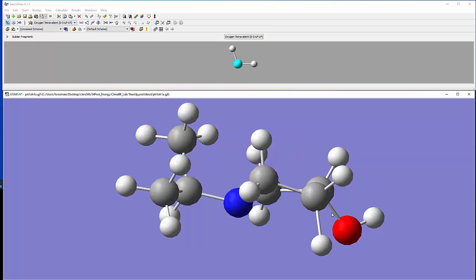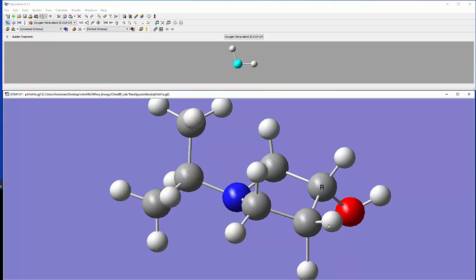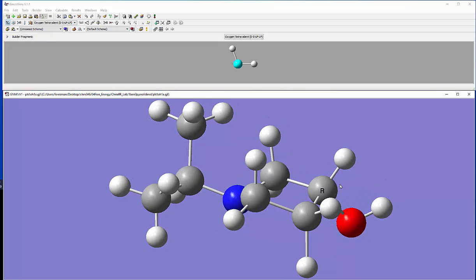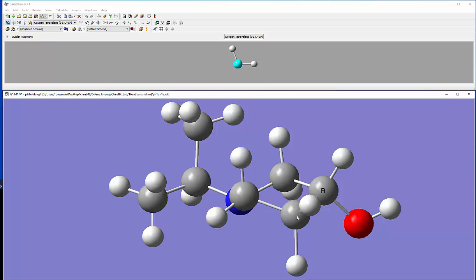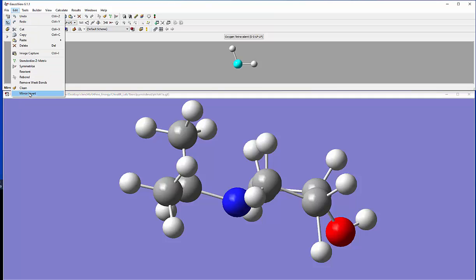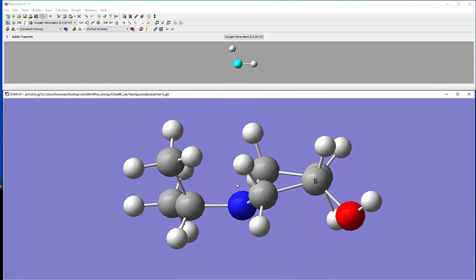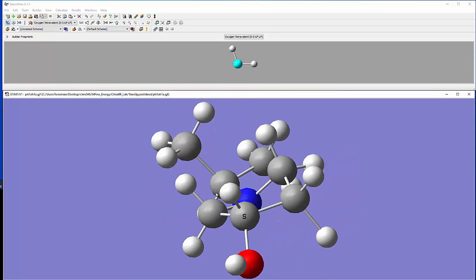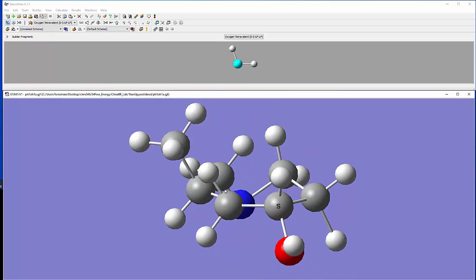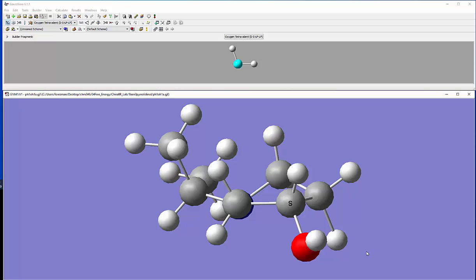So instead, there's a trick that we can do in this case, and that is we can mirror invert the entire molecule and then just move the hydroxy to the other carbon. That's under Edit, Mirror Invert. Of course, this has temporarily made this the S form until I move that hydroxy back to the other carbon where it was.